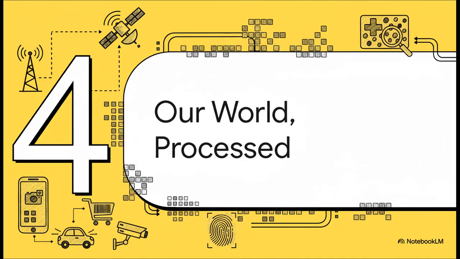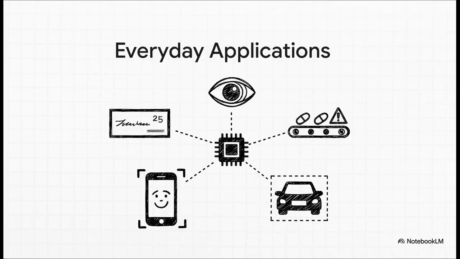All right, next section. Our world processed. Look, all these amazing tools, they aren't just for scientists in some fancy lab or doctors in a hospital. The truth is, the ideas behind image processing are completely woven into our everyday lives. Seriously, they're all around us, usually in ways we don't even notice. Just think about it for a second.